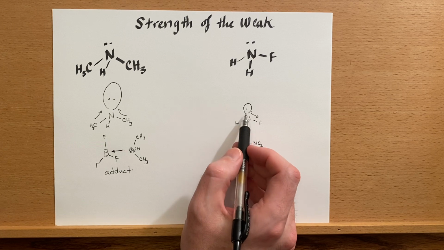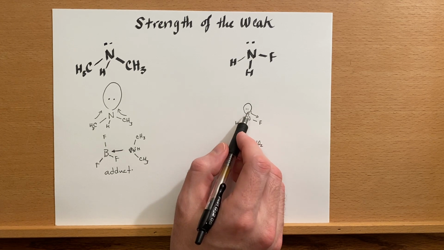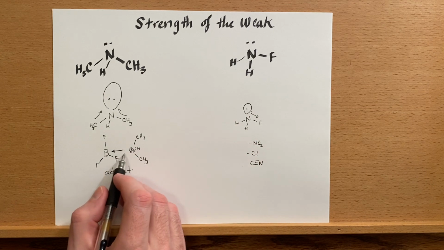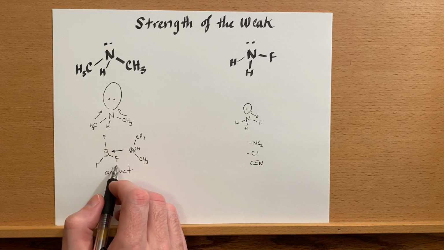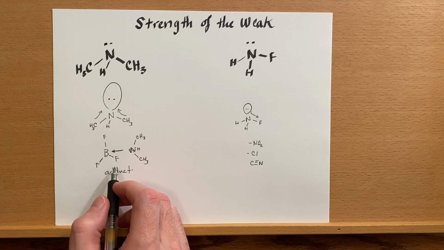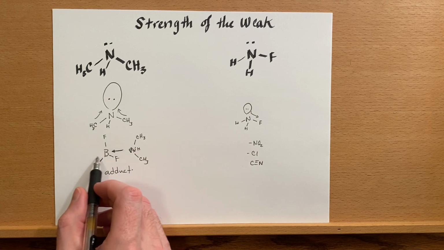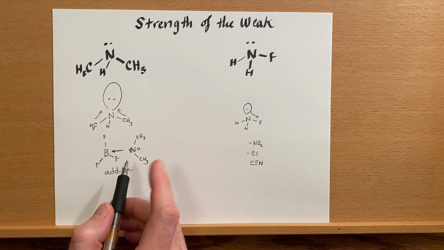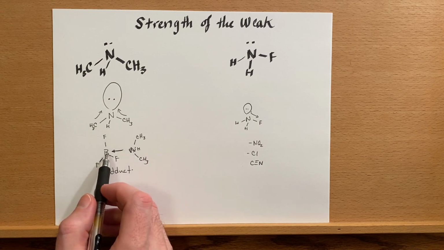Over here, you'll notice that since this electron cloud is a lot smaller, it will be harder for it to interact with the Lewis acid. And if the Lewis acid had some very large groups on it, it may even block the Lewis base from reacting with it.